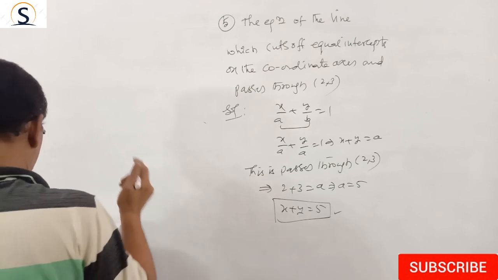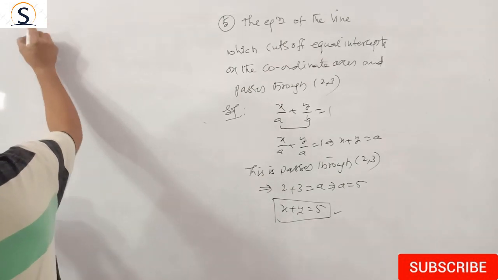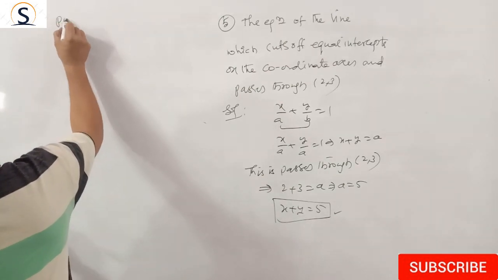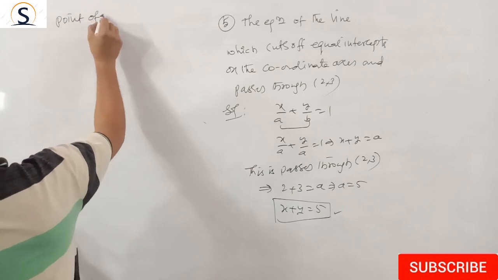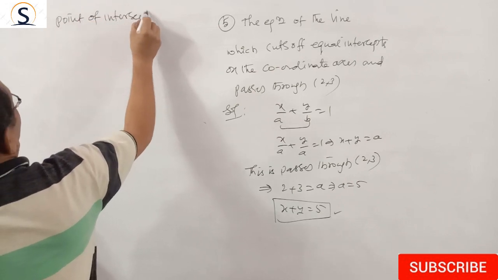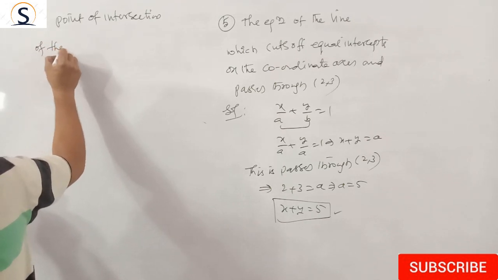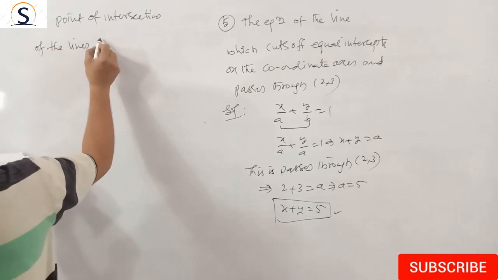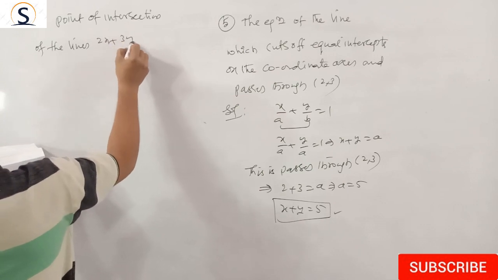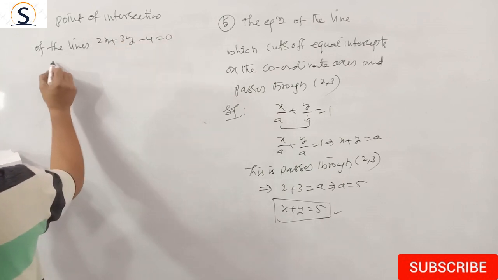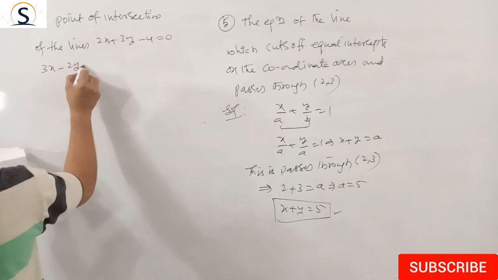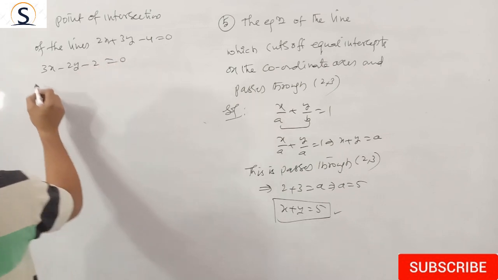Next, the sixth problem. Point of intersection of the lines 2x plus 3y minus 4 is equal to 0, 3x minus 2y minus 2 is equal to 0.